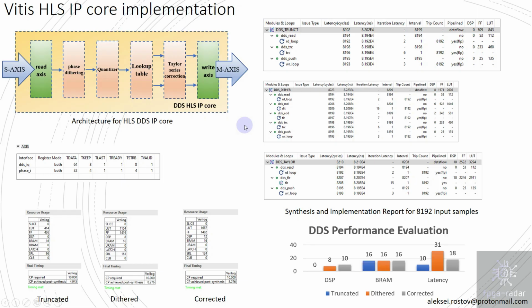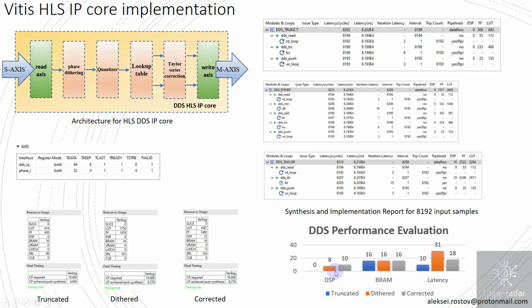I summarized everything in one common plot, for the truncated, dithered, and corrected implementations. For the truncated implementation, since it's a straightforward implementation, there is no need for any DSP blocks.